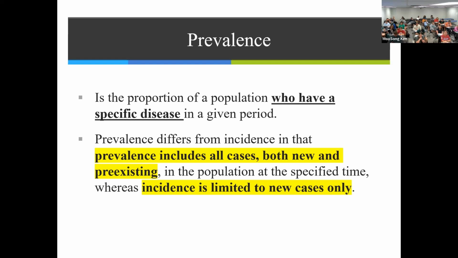The difference from incidence is that prevalence includes all cases, both new and pre-existing, in the population at the specified time period, whereas incidence is limited to new cases only. New cases are those who developed the disease at that time, but probably some people already had the disease.